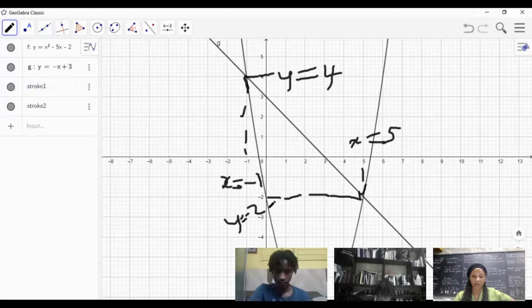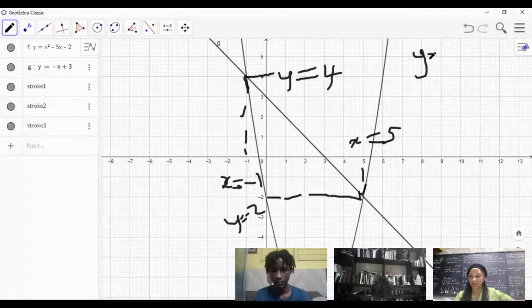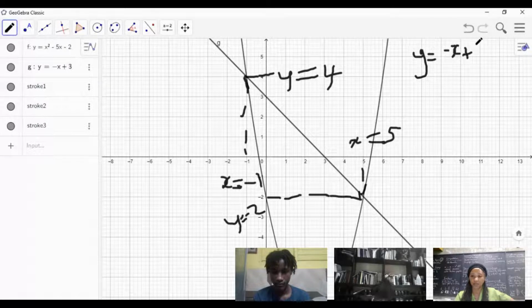All right, so check out the pair of solutions for me. So the equation is y equals negative x plus 3. Use this solution first. So y is equal to negative 2 and x is equal to 5.